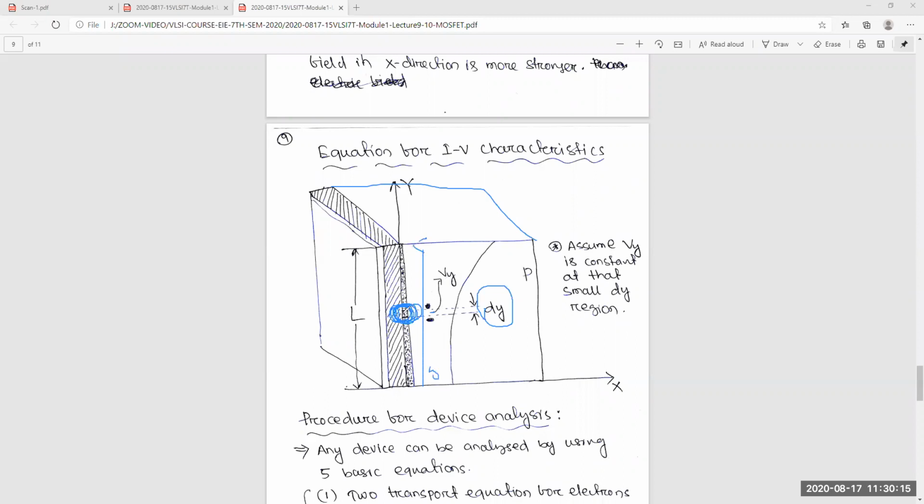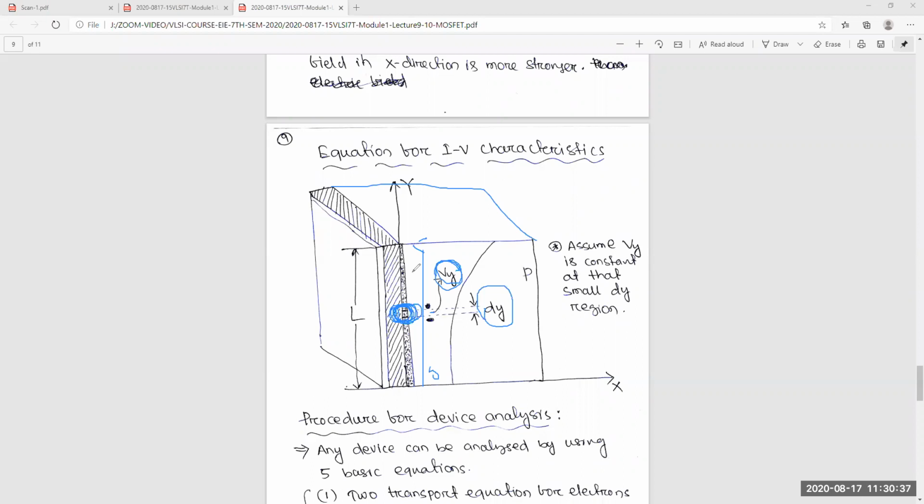At this small delta region, we assume Vy is constant. This is the distance. On this, we will calculate our ID equation.